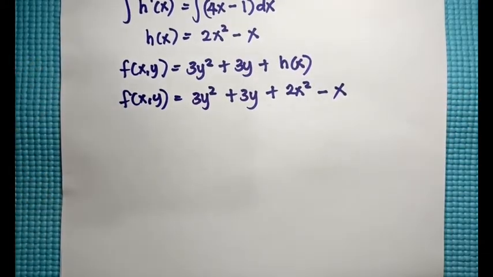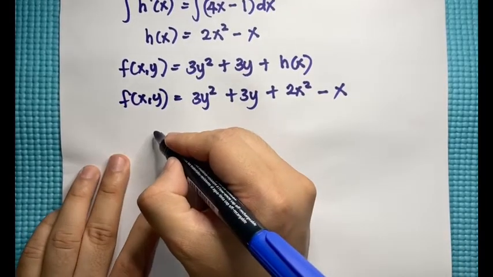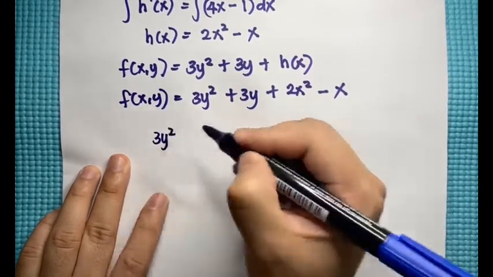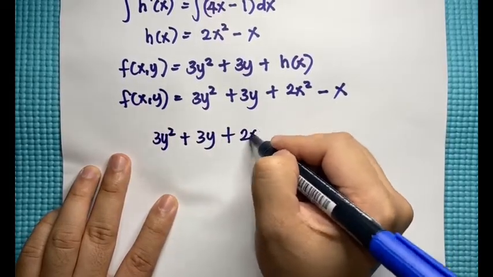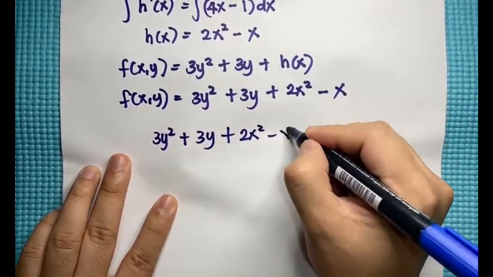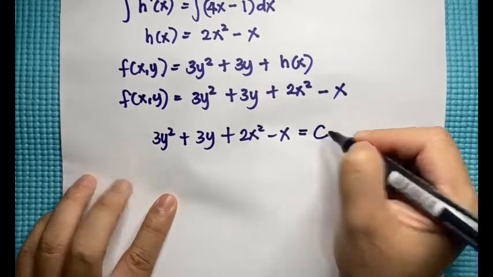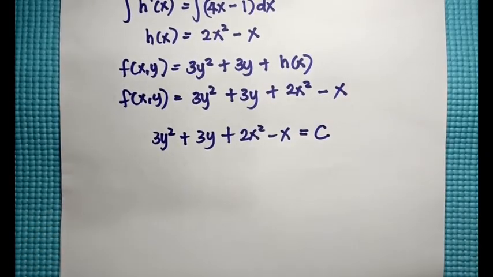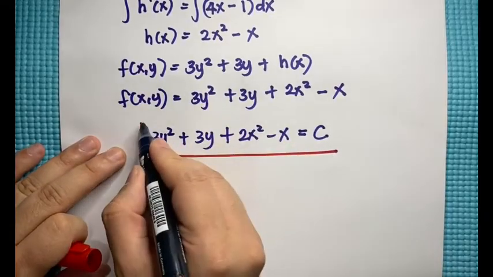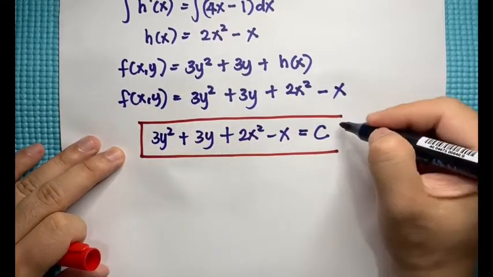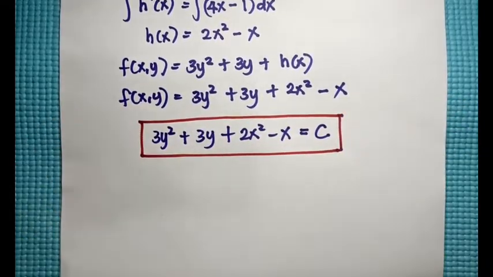And finally, our general solution would be 3y squared plus 3y plus 2x squared minus x is equal to c. So giving us our final general solution. Okay, as simple as that.